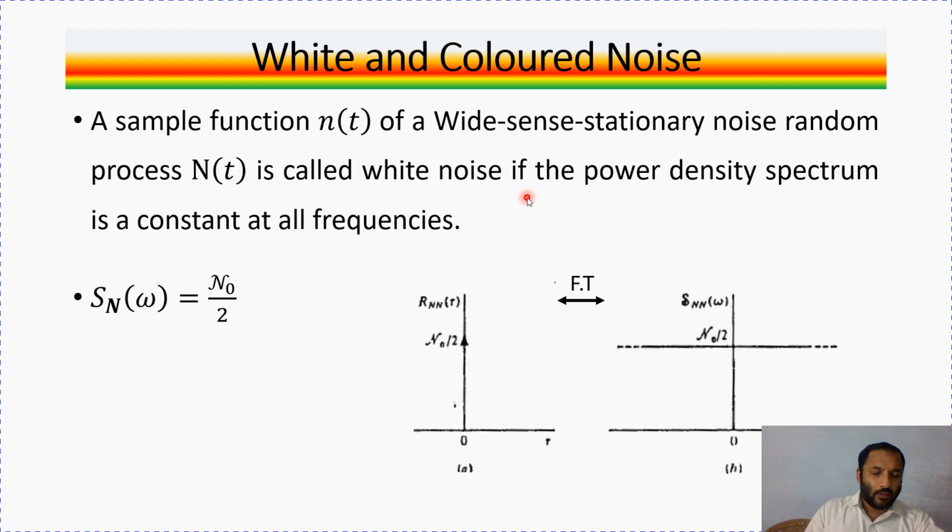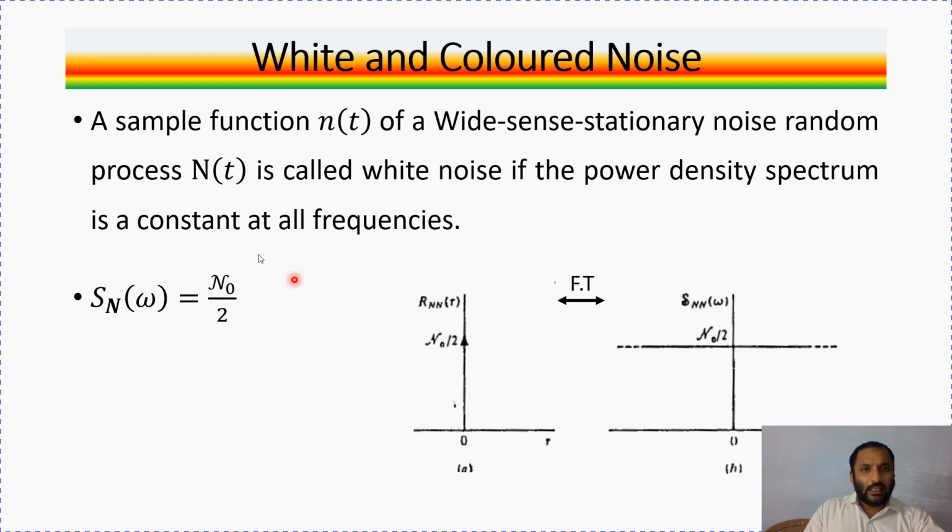Now simply, the power density spectrum of a white noise is simply a constant value n naught divided by 2. For any constant n naught, n naught is a constant, and so n naught by 2 is another constant. Now it has got power density of n naught by 2 at every frequency equally.